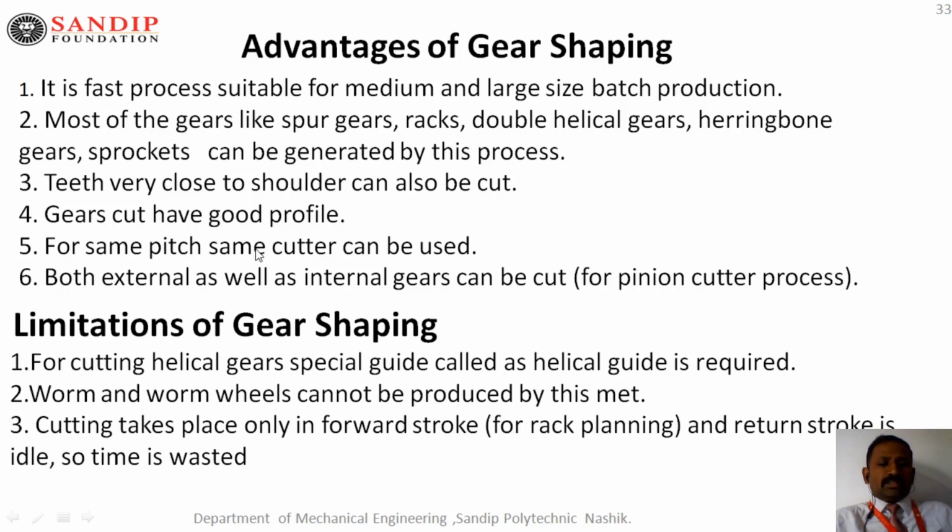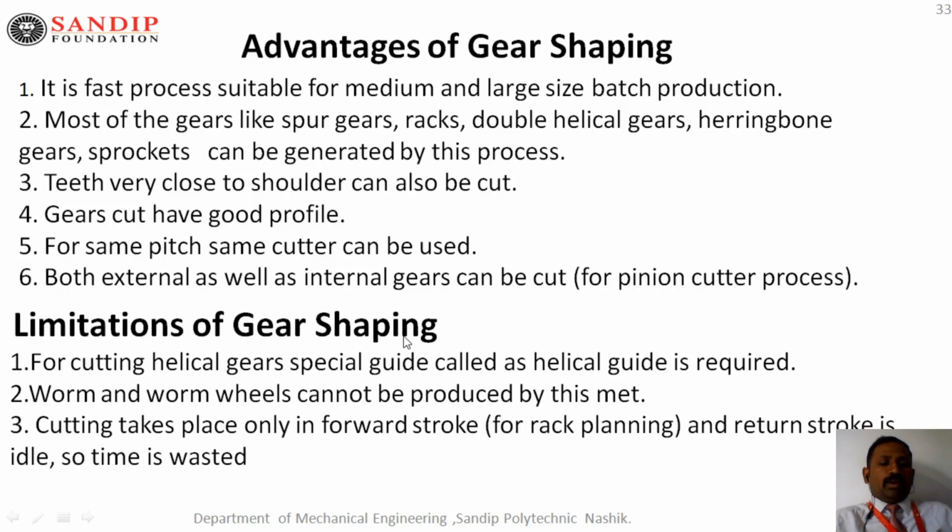For the same pitch, the same cutter can be used because it is a form cutter. Both external as well as internal gears can be cut by the pinion cutter process only. That is the basic difference: the pinion cutter can cut external and also internal gears, but the rack cutter can only manufacture external gears. You have to remember that point.